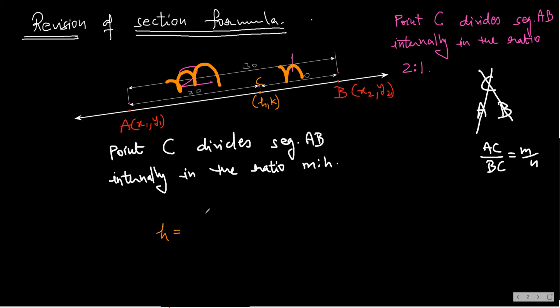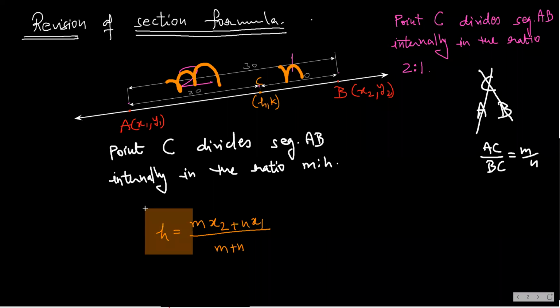See, h equals to, what is h equals to? h equals to mx2, m will multiply x2, the x coordinate of point B, plus nx1, upon m plus n.